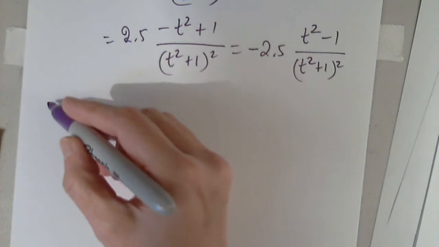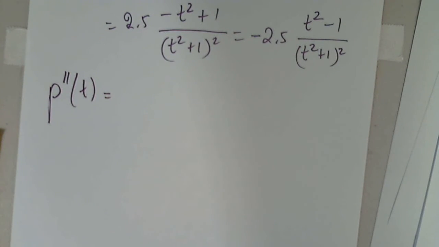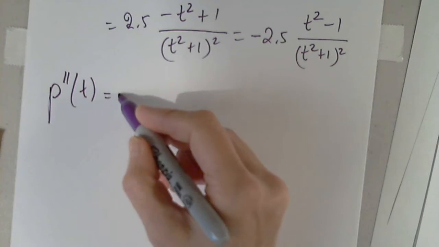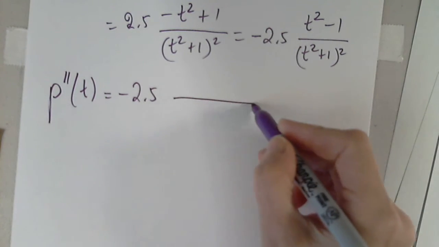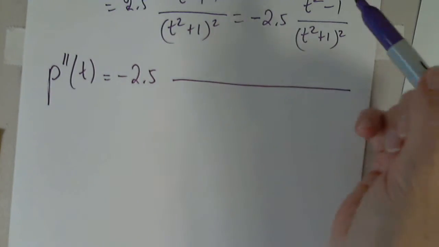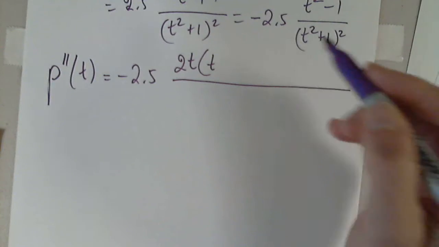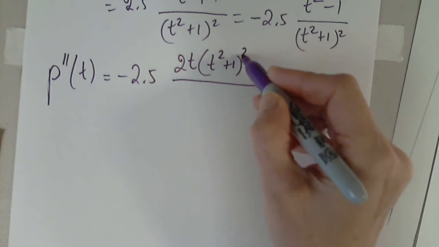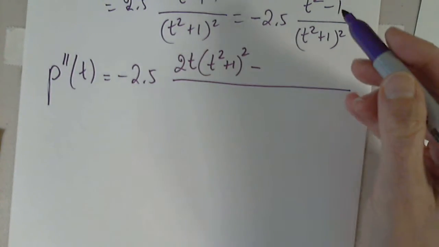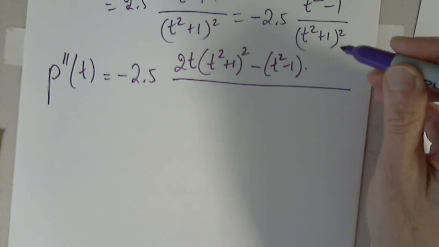Okay, now I will find the second derivative. Again, keep 2.5 outside. It's getting messier and messier, of course. The numerator is 2T, the numerator prime is 2T, times T squared plus 1 squared, minus. I copy the numerator, but now careful because I have to differentiate the denominator.